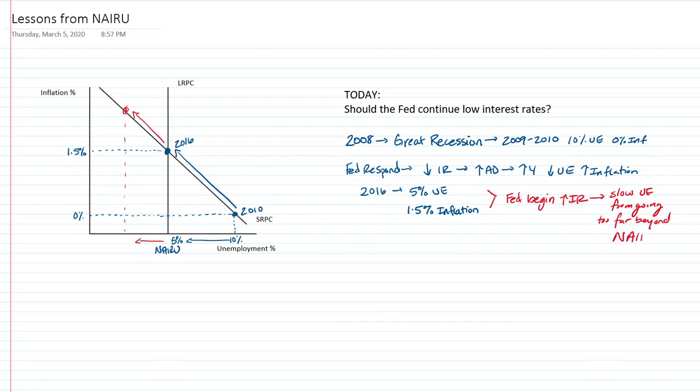Now, this story gets far more complicated because as this unemployment rate continued down, we know that today in 2020, the 3.5% unemployment rate is still aligning with about a 1.5% to 2.5% inflation rate.